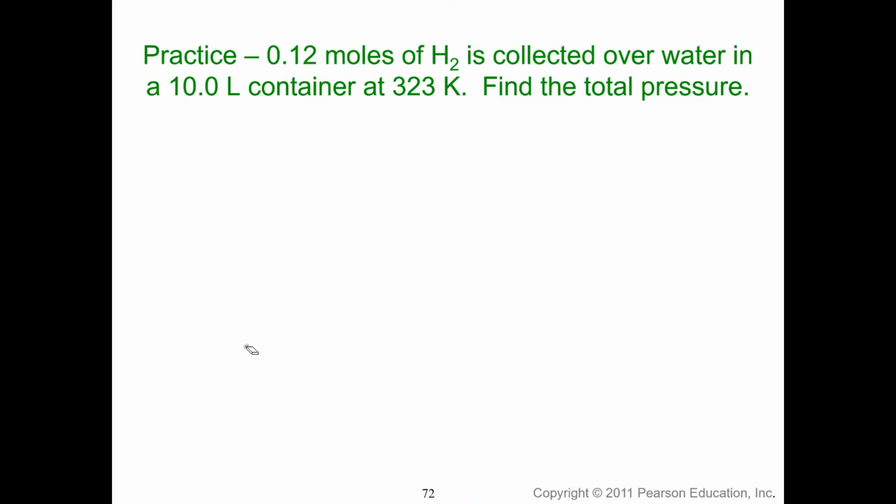That means we are collecting hydrogen along with a little bit of water vapor. So when you say total pressure, they want the pressure of hydrogen plus the pressure of water vapor: partial pressure of water plus partial pressure of hydrogen.